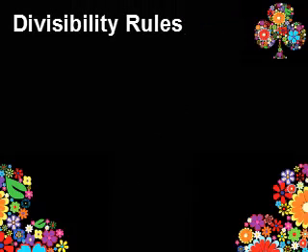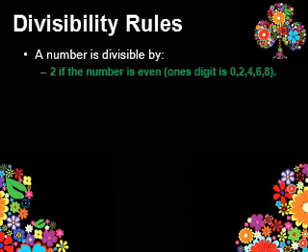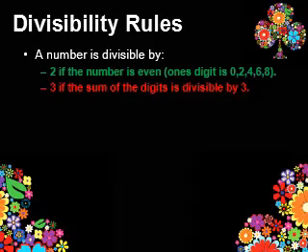So now let us make a summary of all the divisibility rules. First, a number is divisible by 2 if it's an even number, or the ones digit is 0, 2, 4, 6, or 8. A number is divisible by 3 if the sum of the digits is divisible by 3, or the sum is 3, 6, or 9.